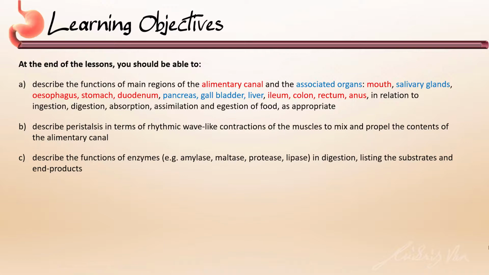Then you are going to learn peristalsis, which is how all the food gets propelled through the alimentary canal. And finally, the enzymes involved in digestion. It is good practice to always refer to the learning objective.